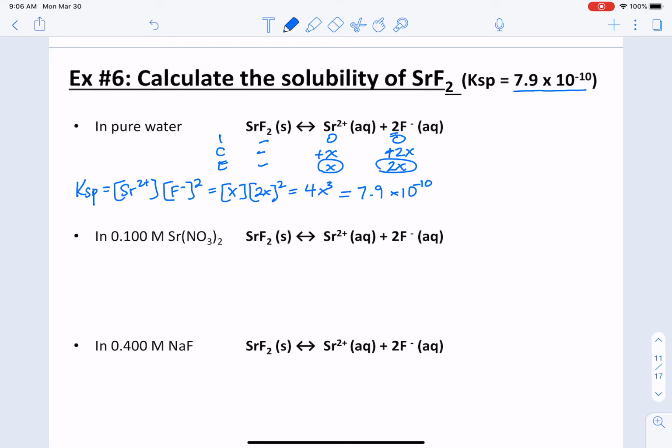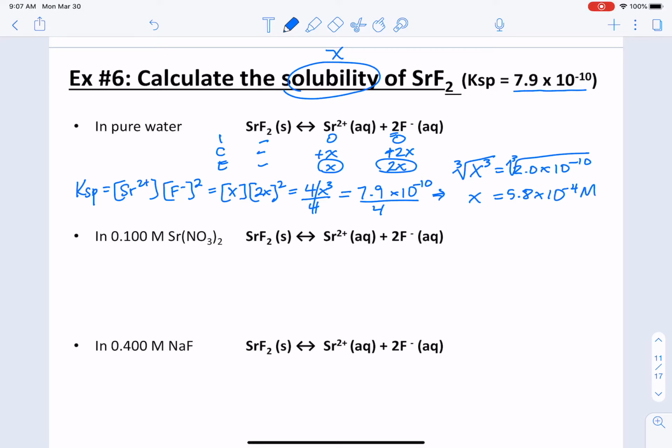Of course, I'm going to want to solve for x. This is my solubility, which I use x to represent. So divide both sides by 4. I have that x cubed is equal to 2 times 10 to the negative 10. If I cube root both sides, x is equal to 5.8 times 10 to the negative 4 molar. This is our molar solubility here.